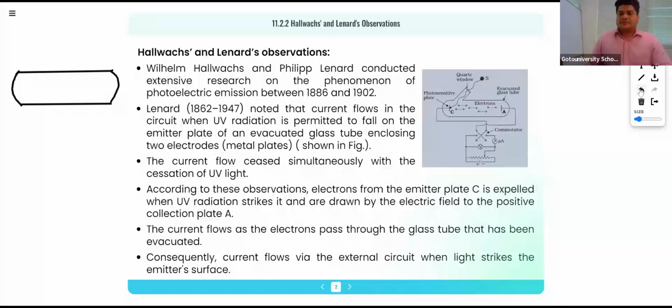Inside this, we have two plates, anode and cathode.